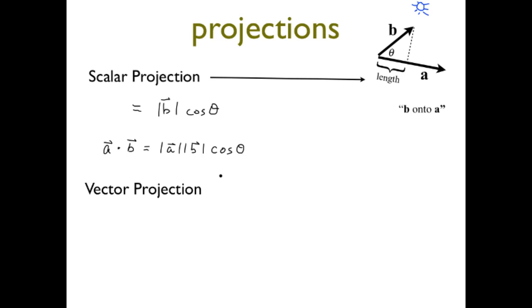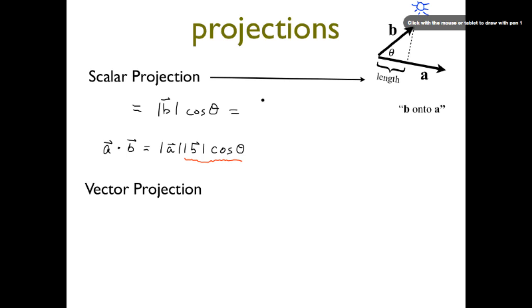So now how can we write the scalar projection in terms of the dot product? Notice that our scalar projection is this part right here. So what does that equal?